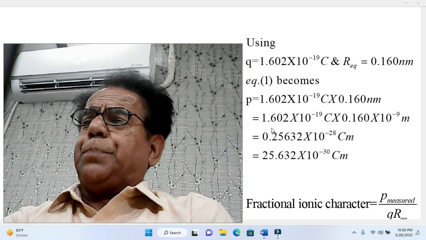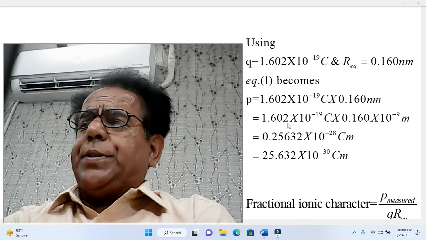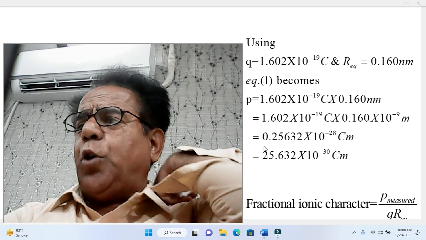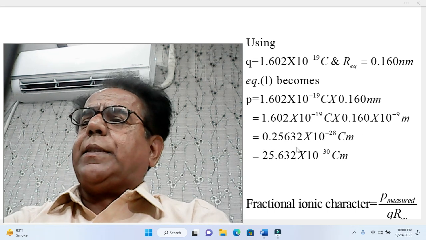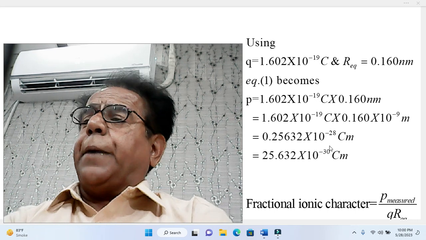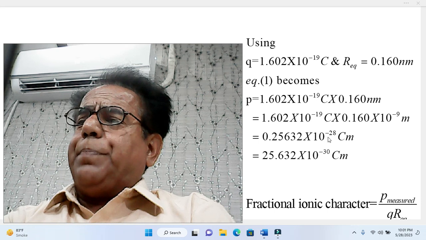In the next step we have multiplied 1.602 with 0.160, and this takes the form 0.25632 times 10 to the power minus 28 coulomb meter. Now we explain why this is 10 to the power minus 28.